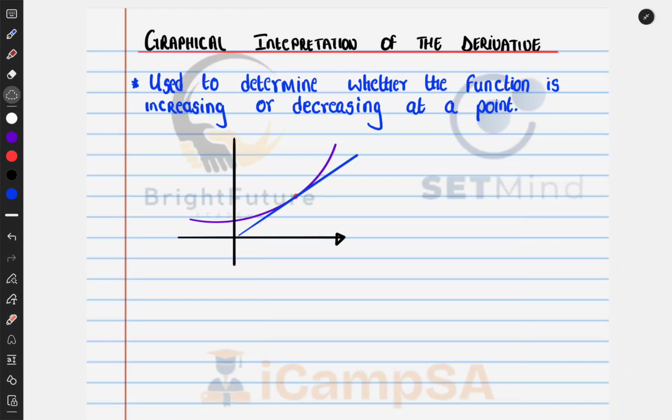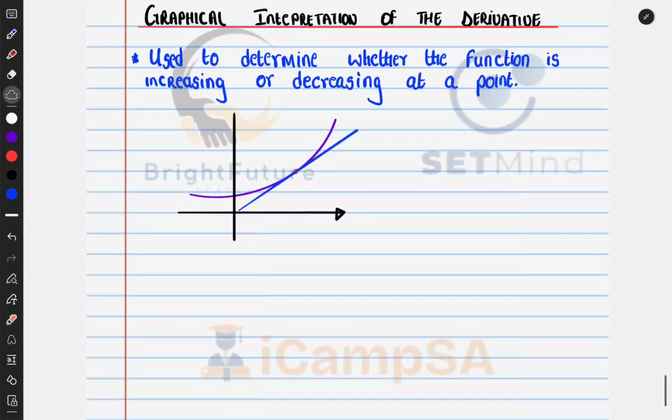For example, with what we have right now, this situation will occur when the derivative is greater than 0.